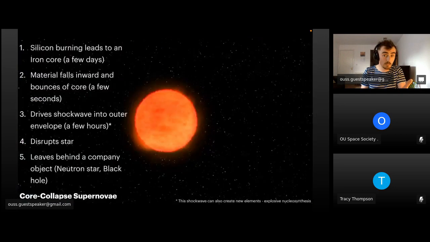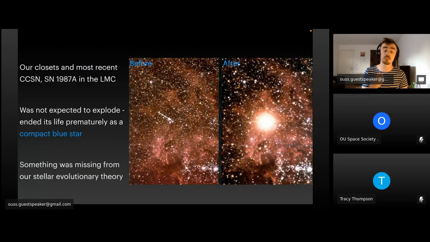This is an animation in the background, but thanks to Hubble, we've actually been able to observe basically an ongoing supernova. Our most recent and our closest supernova was called 1987A, which happened in the Tarantula Nebula of the Large Magellanic Cloud, one of the satellite galaxies to the Milky Way.